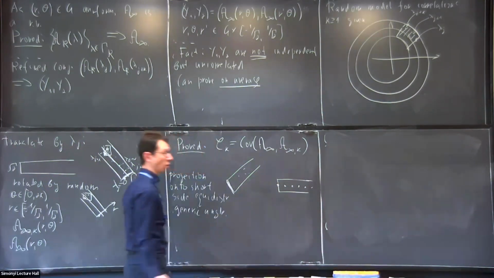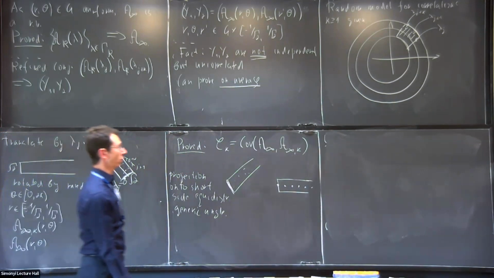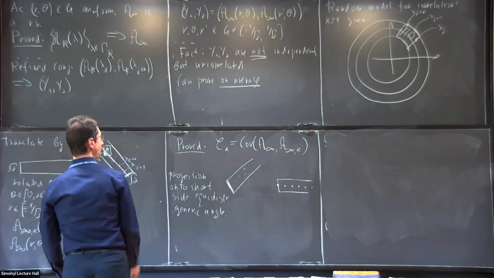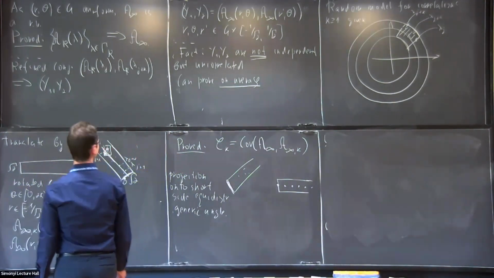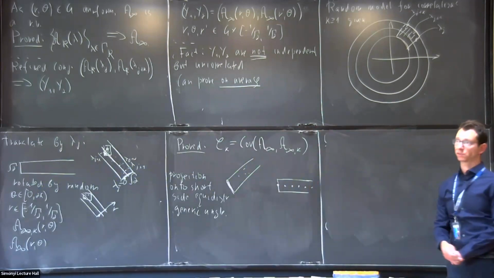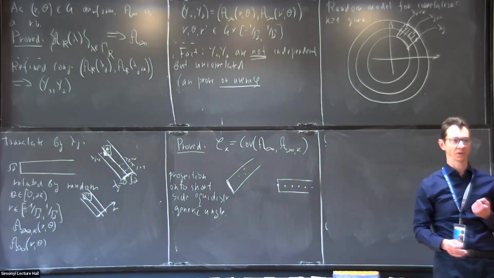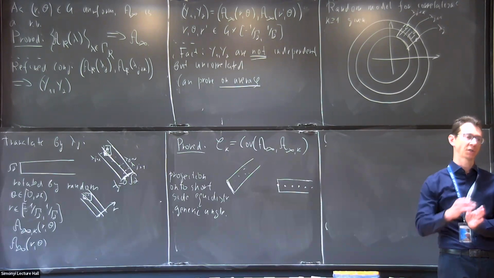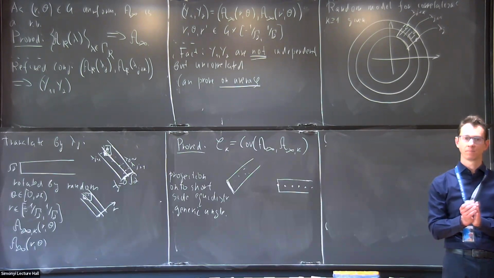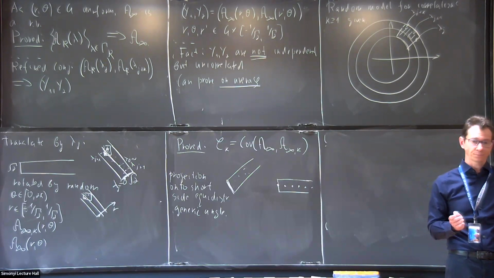Let me make two comments about the proof. There are two obstacles here, and both of them are non-trivial. So two bad things could happen. First of all, there is a discrepancy between the rectangle and the circular arc. And we might get one point which belongs to one of them, but not to the other.